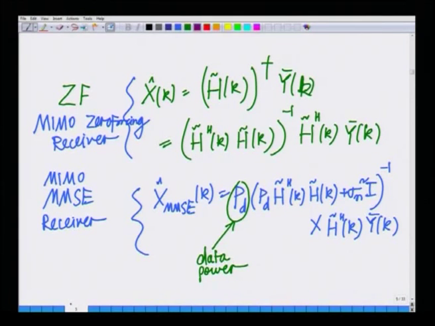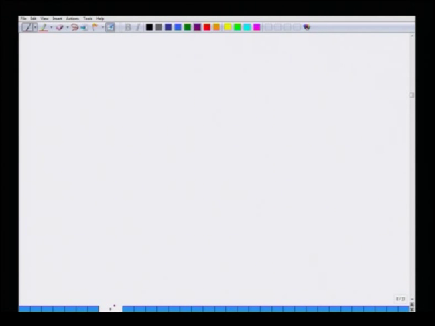We can use this channel matrix, in the procedure that we have described before, to employ either zero forcing MIMO detection or minimum mean squared error MIMO detection, and that completes the MIMO OFDM communication system.